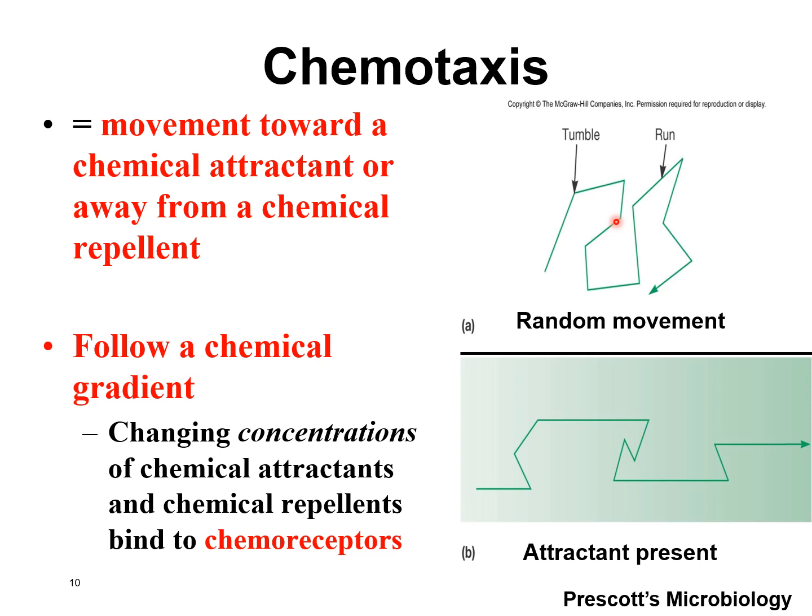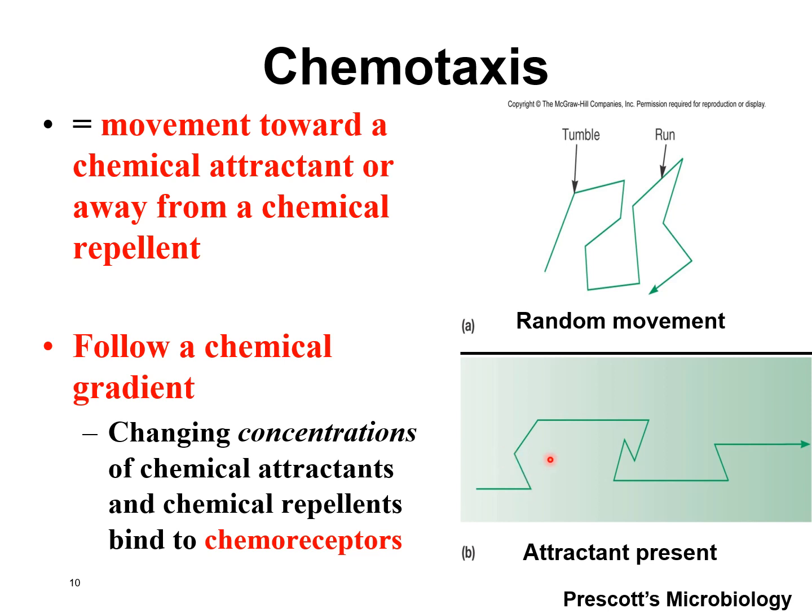But in the bottom picture, if we put some food over here on the right, you can see that they can move towards the food, and that's called chemotaxis. They can use their chemoreceptors, these receptors that detect the food, and direct their swimming towards the food. Now they can't really drive in a straight line towards the food, because they do a run and then a tumble, and then they're like, oops, kind of going the wrong direction.